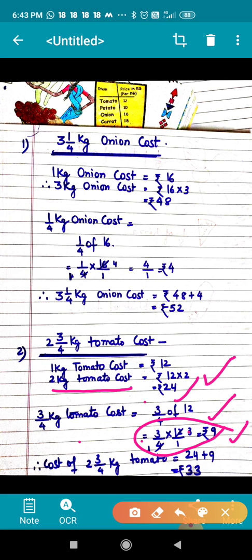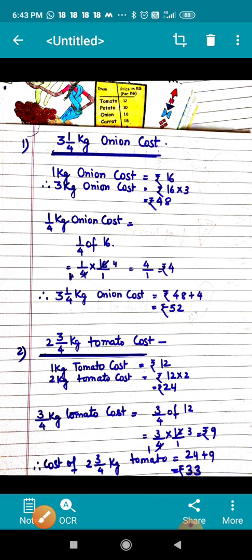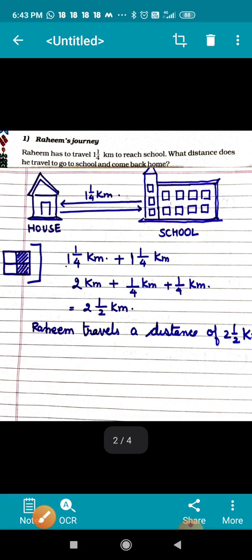Now you will add 24 and 9 together to get the price of 2 whole 3 by 4 kg of tomato. So the price will be 33 rupees. Okay children, hope you have understood how you can calculate the prices of different items. Now let us see the next example.